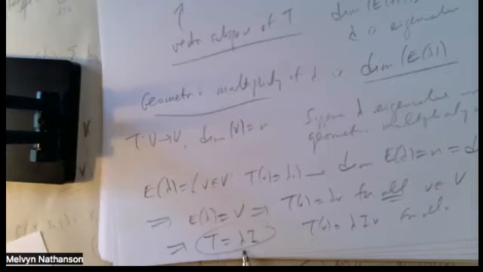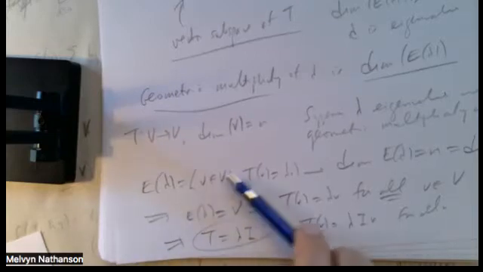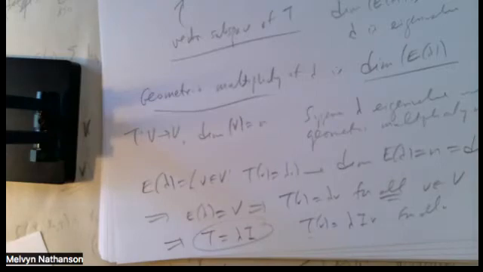And if T were lambda times the identity, then every vector would be an eigenvector for the eigenvalue lambda, and so E of lambda would be the whole vector space.